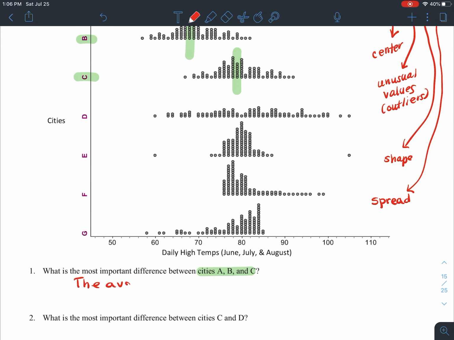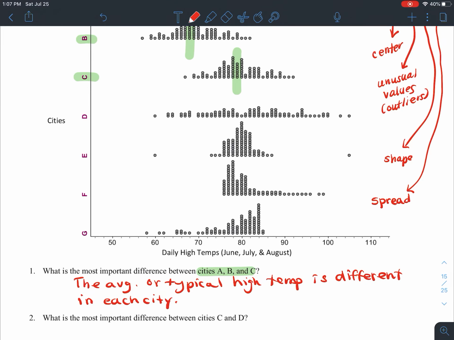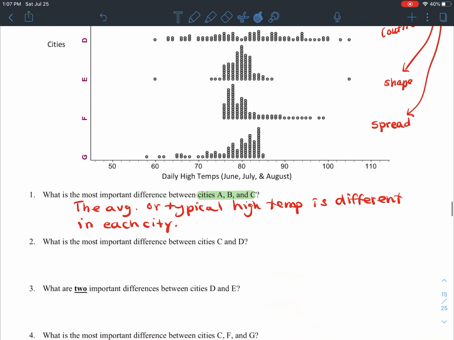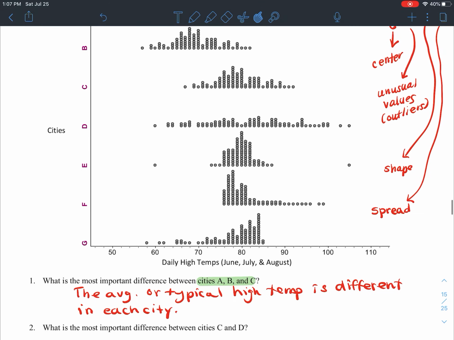So I'm going to say here that the average or typical high temp is different in each city, okay, referring to A, B, and C there. Okay, hopefully that makes sense to you here. Okay, let me clear this off and we'll take a look at question number 2.